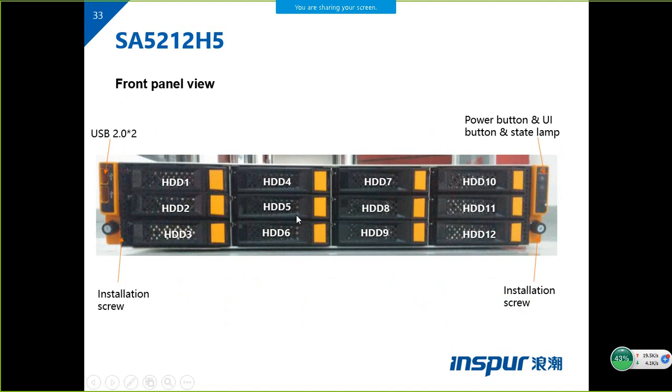Here is the front view. From the left, in a vertical way, hard drive 1, 2, 3, 4, 5, 6, and USB interface, installation screw here, and the button and UID button, and status indicator on the right here.